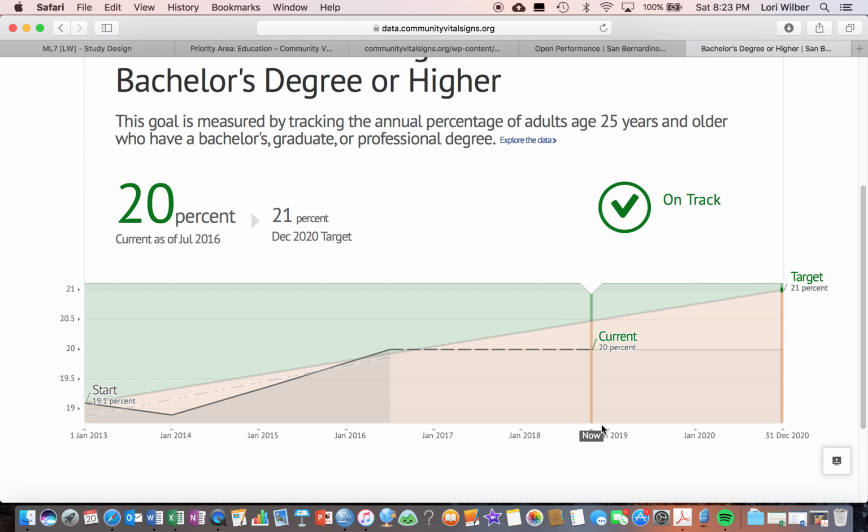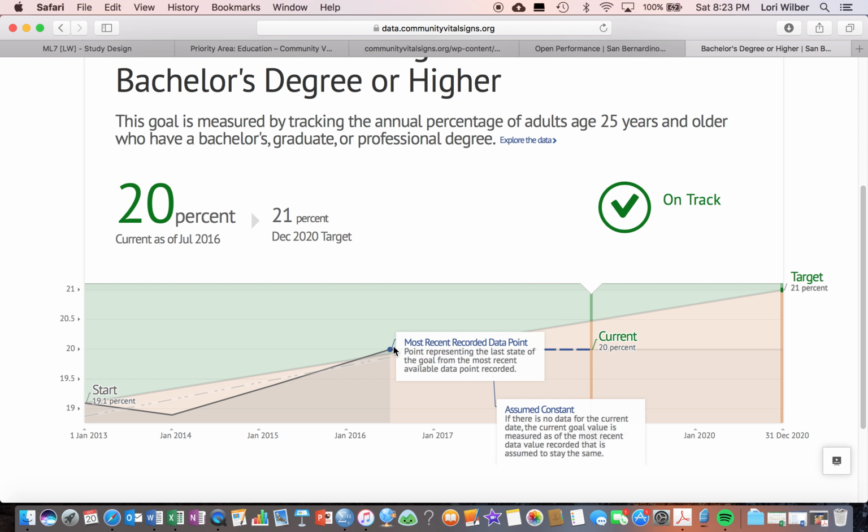It looks like right now we may be kind of falling down, but if you hover over it, it will tell you the most recent recorded data point was, it looks like, sometime in the middle of the year, in June or so of 2016.